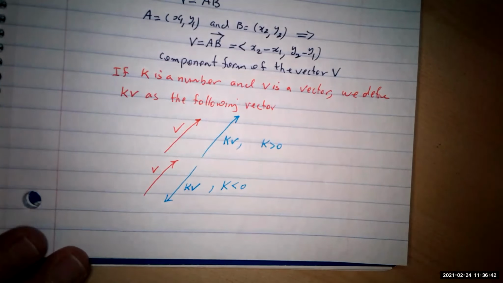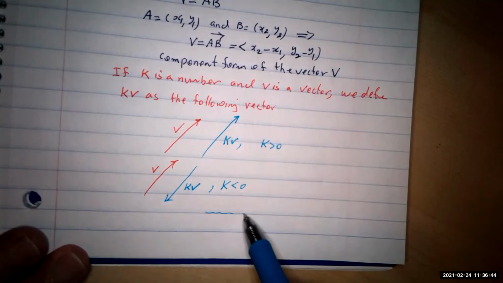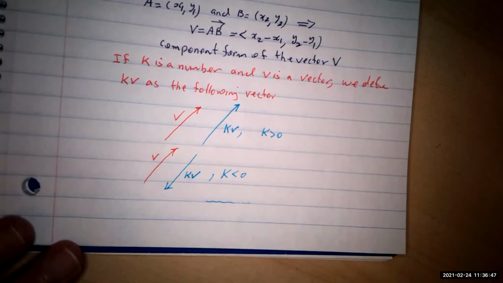The other thing that we can do is, if two vectors are given, we can add or subtract the vectors.